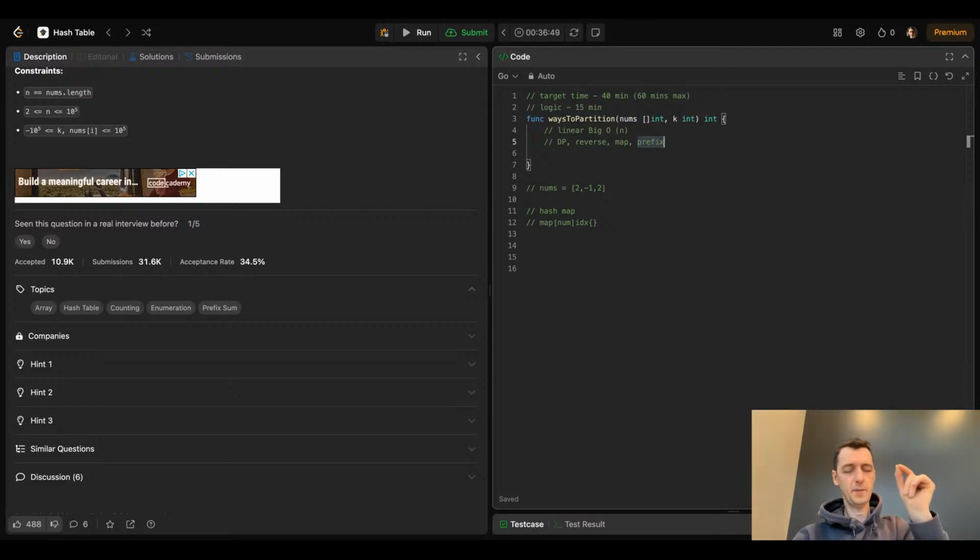The prefix sum allows you to know, for each index, the sum of those values.